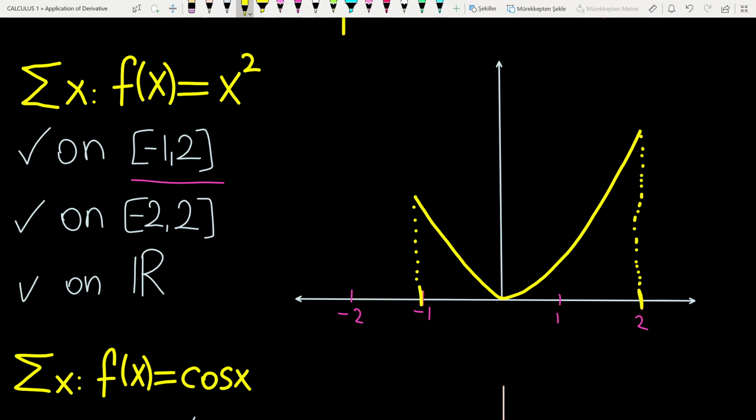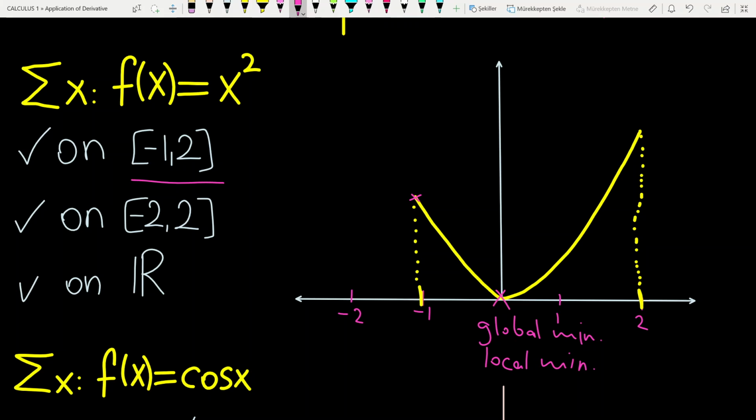On this interval, as you see, we have this minimum point. Is it global or local? It is actually a global minimum point, but it can also be a local minimum point since it is not an endpoint. What about the point -1? Is it the biggest?